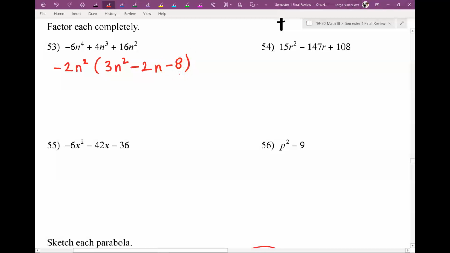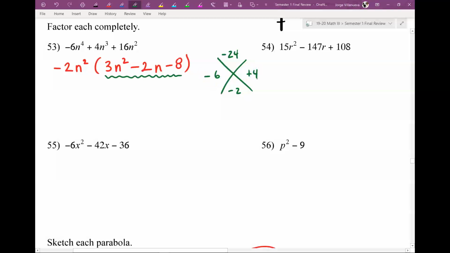So all I have to do now is factor 3n squared minus 2n minus 8. So let's do that really quick. 3 times negative 8 is negative 24. And the negative 2 goes here. This is what I'm doing. Two numbers that multiply to negative 24 but add up to negative 2 would be a negative 6 and a positive 4.